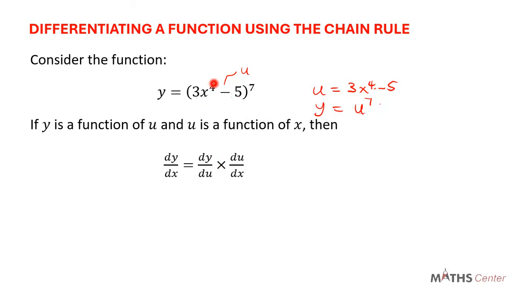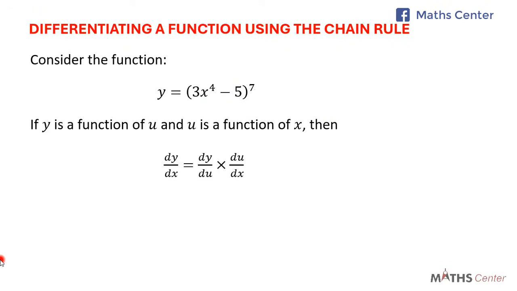So anytime you have a function like this, you let the term that is raised to the power of a bigger number be equal to u, or you let the term under the square root sign be equal to u. Then from there, you can write y as a function of u and u as a function of x, and then you use the chain rule to find it. Let's apply this to solve some questions. It's very interesting. Let's do that.